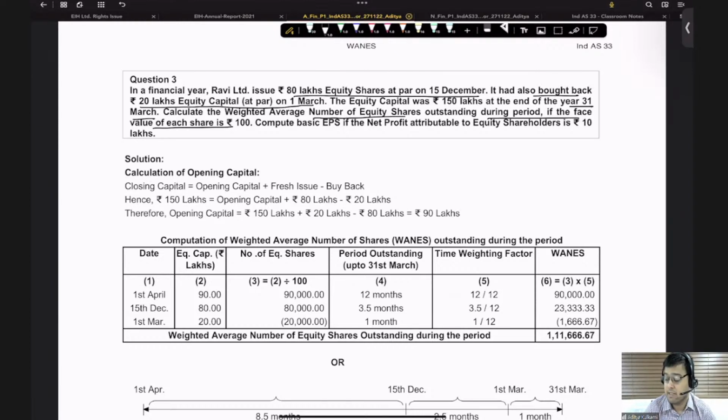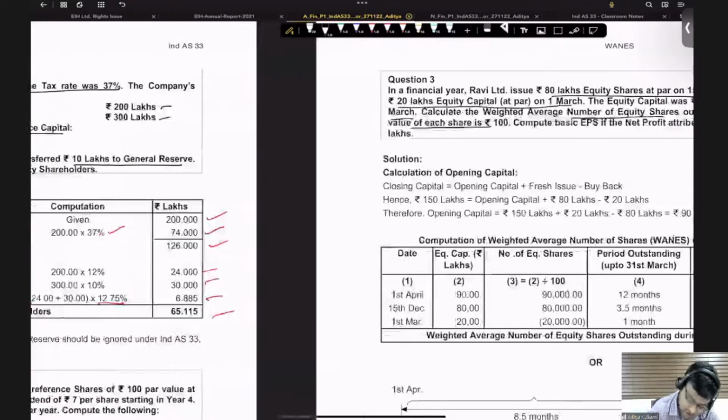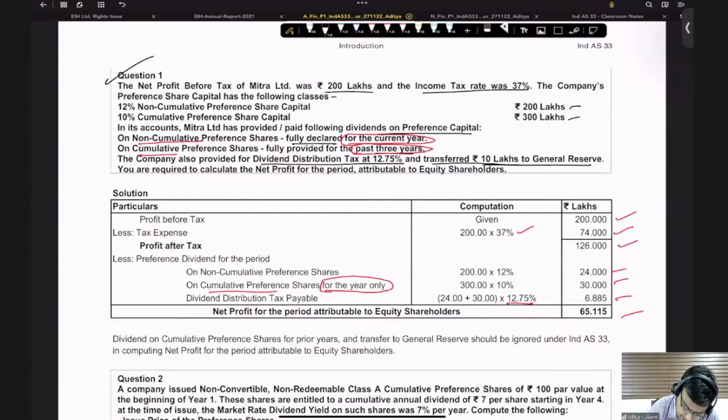Okay. Sorry, Kaushiki had asked a question. I did not see this. See, this transferring 10 lakhs to general reserve is basically an appropriation. So when I talk about this appropriation, it is the shareholders' own money. It's the reserve for the ultimate shareholder only. So it's a mere appropriation.